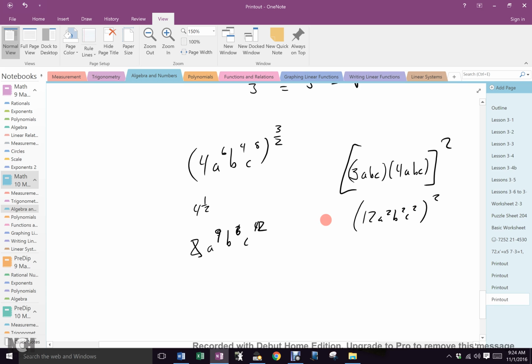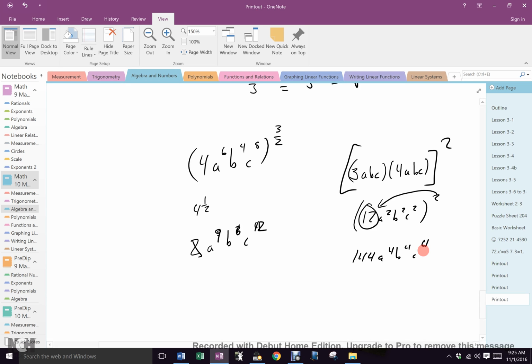Then square it all. And again, this is a mistake you all make. You forget to take that exponent to the coefficient. Every one of you forgets it at least once in your work. Always. Don't forget that. So that would, of course, be 144 a to the 4, b to the 4, c to the 4. Right?